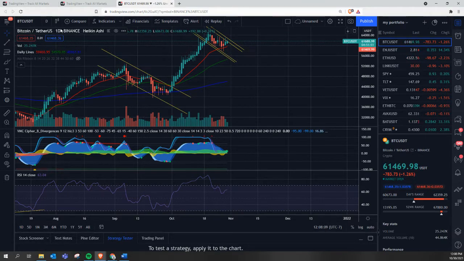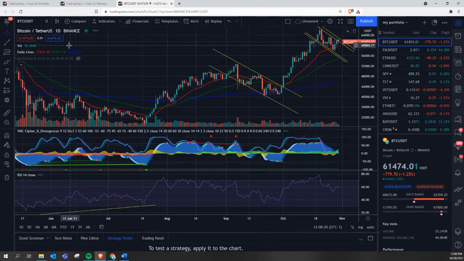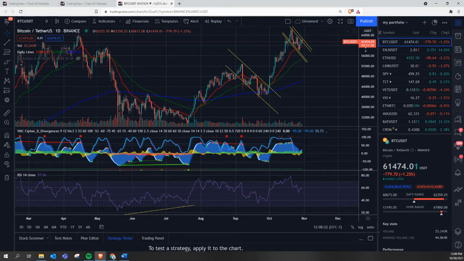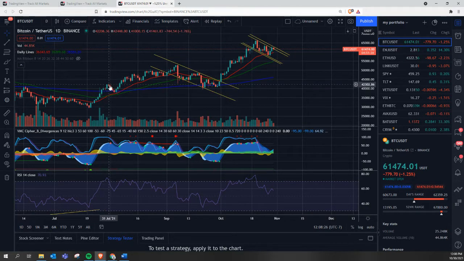Another thing we're going to want to do is put on Heikin Ashi candles. You're going to click here on your candles, and you want to choose Heikin Ashi. We can do generic candles, and you can see it changes the look quite a bit. What Heikin Ashi does is it tells you what the overall trend is looking like. So rather than have green, red, green, and all these different ones, it tells you where it's trending overall.